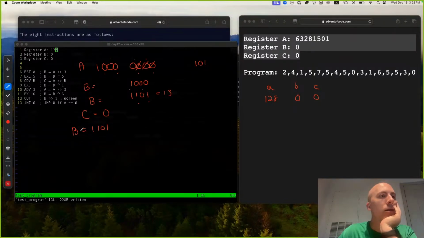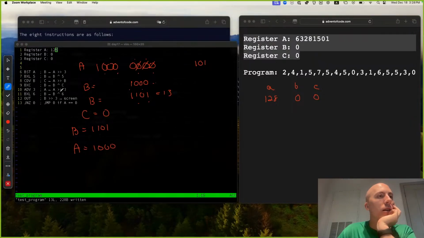So B gets put in here, and then out of nowhere, A just gets shifted over 3. Oh, it's this exact same operation here, but A just gets shifted over 3, and it actually gets put back into A. So A becomes that value now, this value up here, 1, 0, 0, 0.